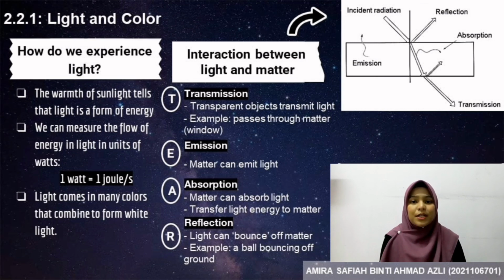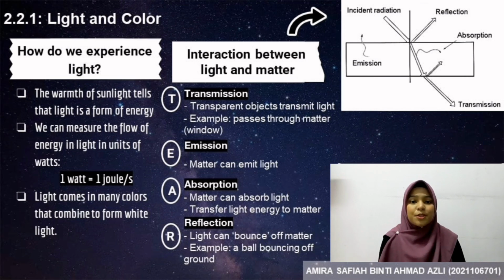There are some interactions between light and matter. The first is transmission. Transparent objects transmit light and opaque objects block light, for example light passing through matter such as a window. The second is emission, where matter can emit light, such as an antenna and the sun.